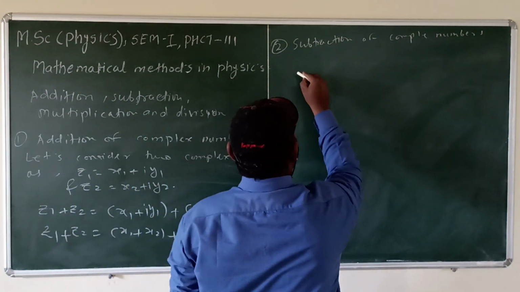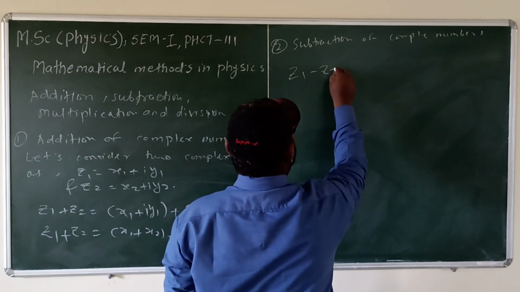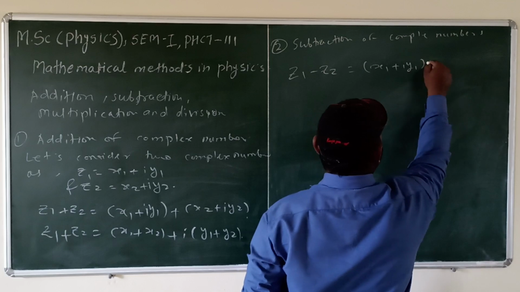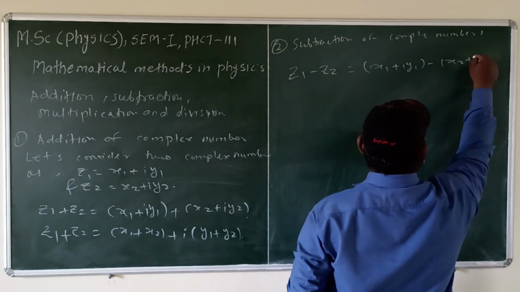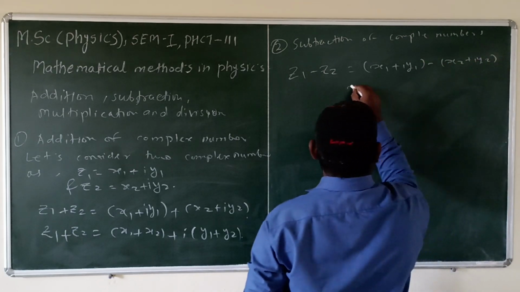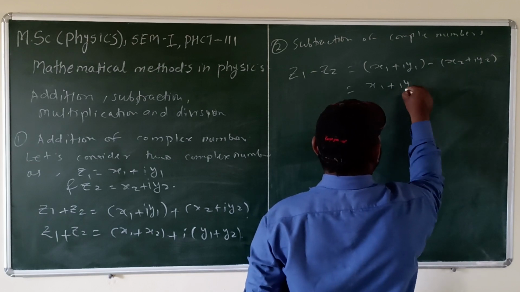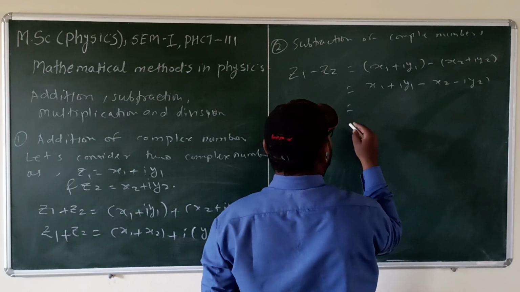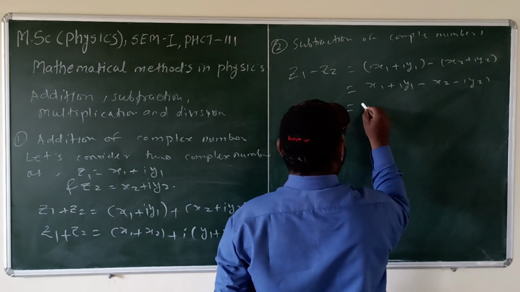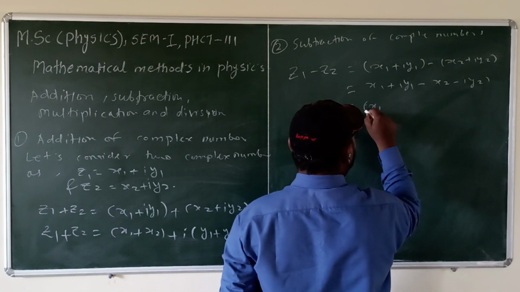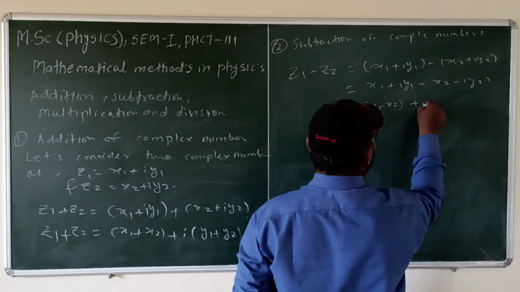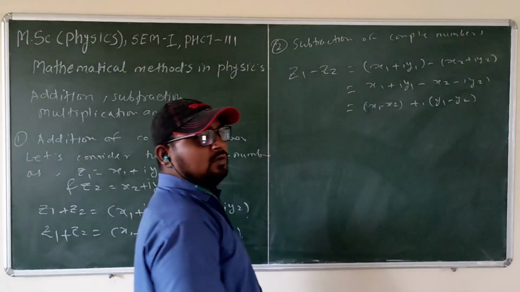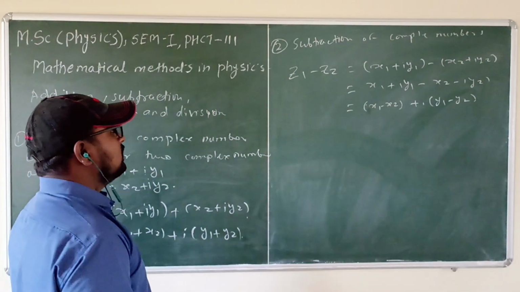Considering this, for subtraction z1 minus z2 is equal to x1 plus i y1 minus x2 plus i y2. So, combining real parts and imaginary parts, this gives x1 minus x2 plus i times y1 minus y2. This will give the subtraction of two complex numbers.